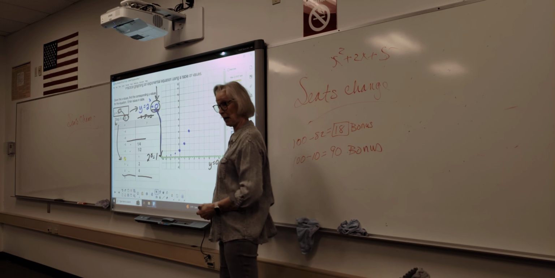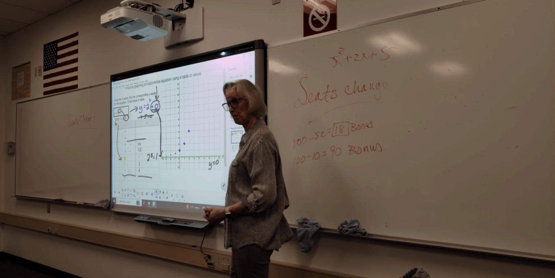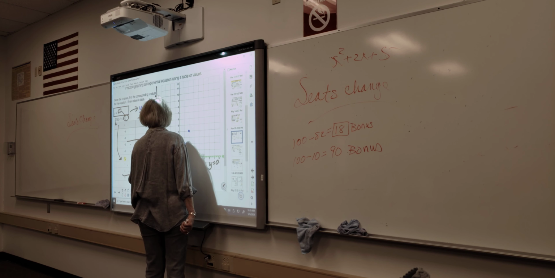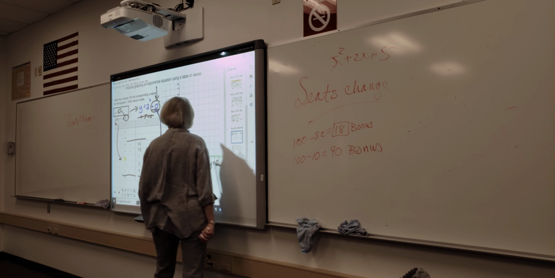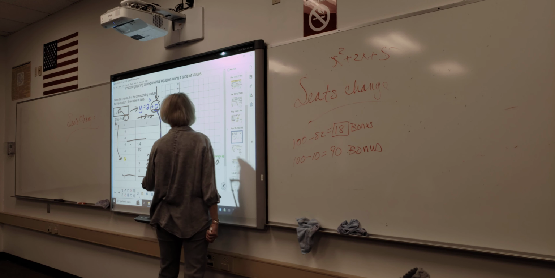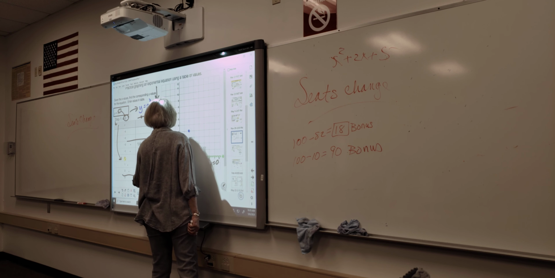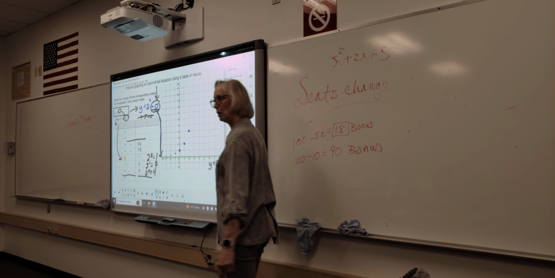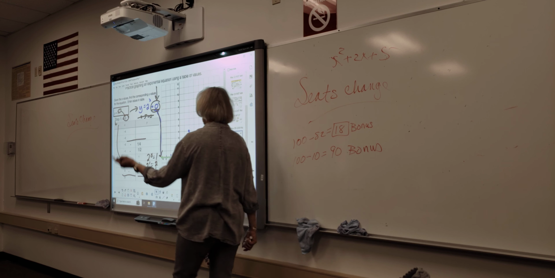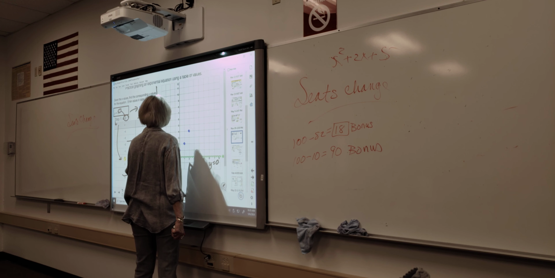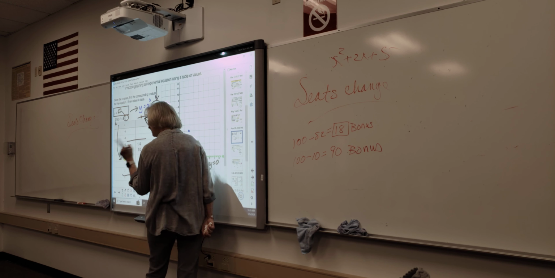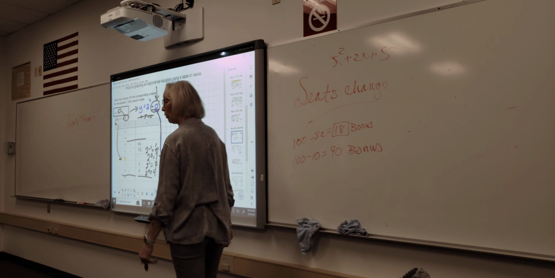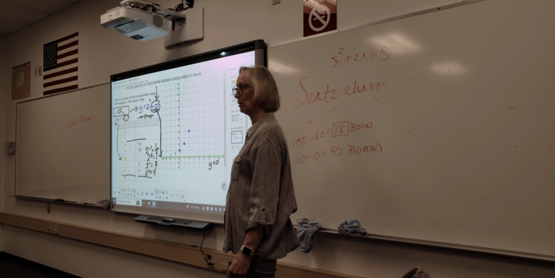That's the work you would have on your paper, don't you agree? If x is 1, I always do down first. If x is 1, what's 2 to the 1? 2. If x is 2, what's 2 to the 2? 4. Now, when you go to the negative side, 2 to the -1, remember we did this in exam 2, that's 1 over 2 to the +1, which is a half.